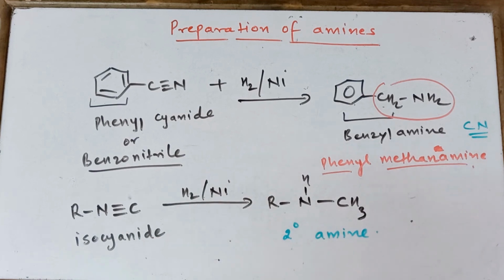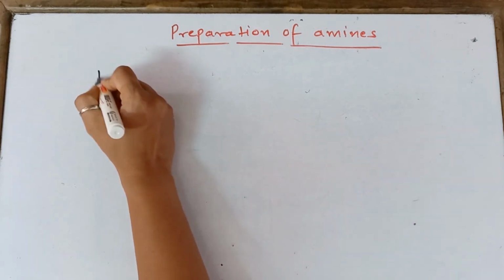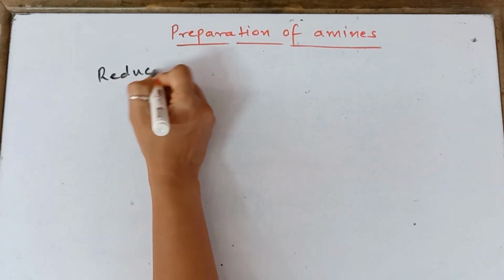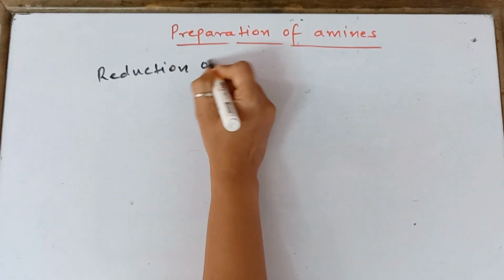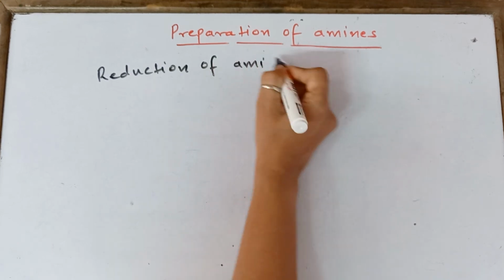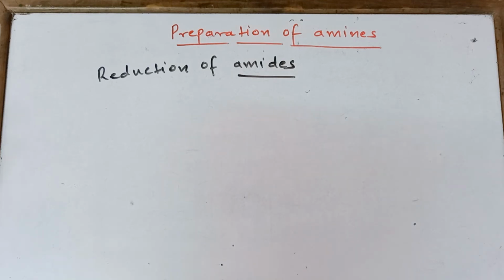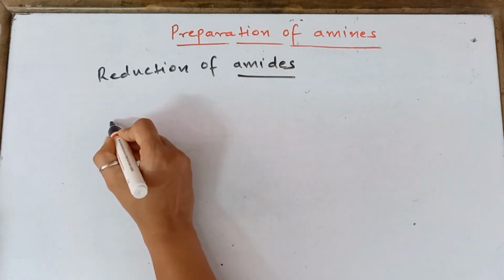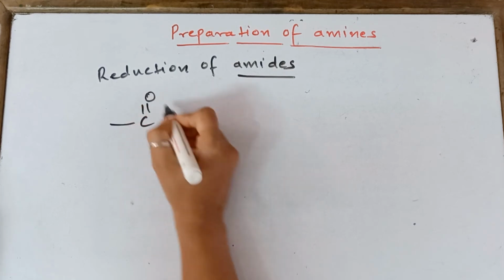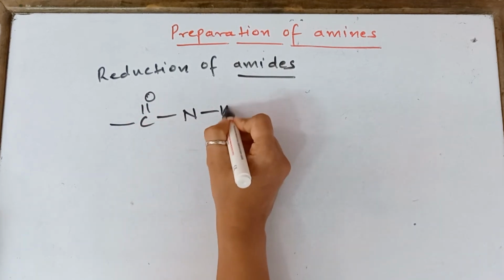So this is very simple. Let's go to the next method. The next method is reduction of amides. Now we all are aware of what are amides, what is the functional group of amides. Here we have the general formula CONH2.